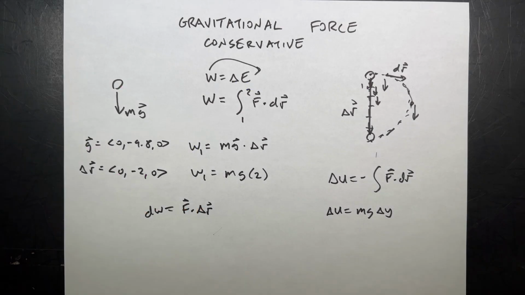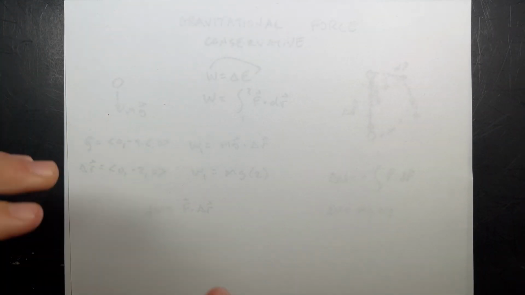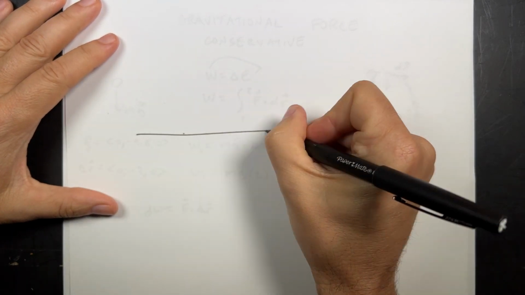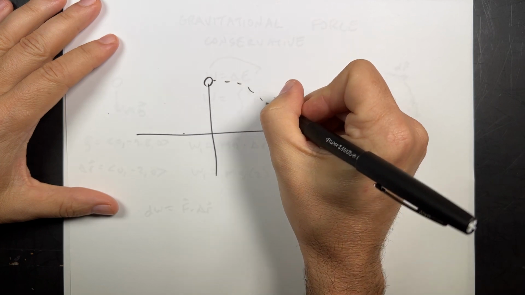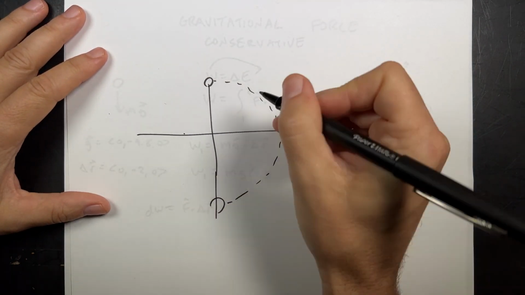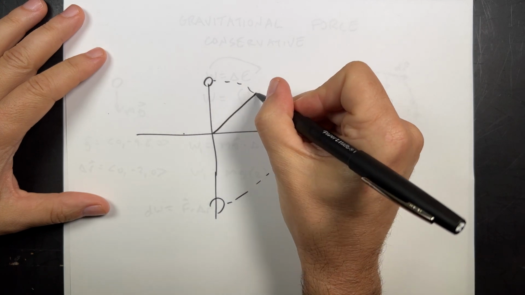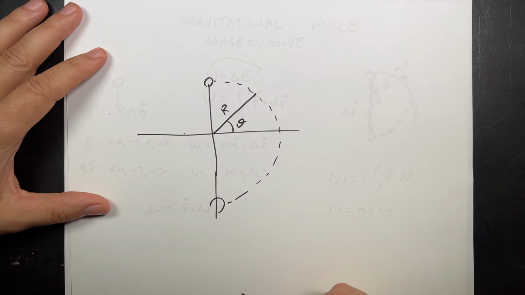How do we make this move in a circle? This is what I'm going to do. Here's the origin. Here's my ball up here, and I want to go like this. Like that. I can define this with a radius r and an angle theta.